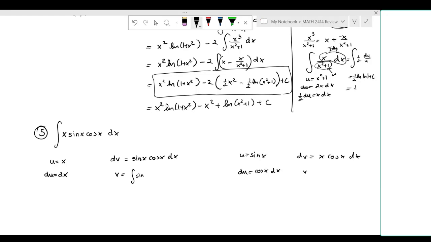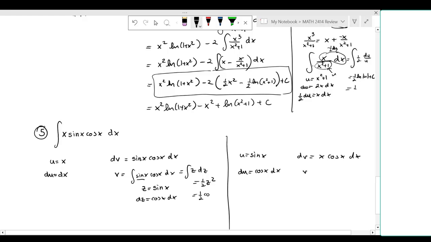You have a sine and a cosine. And we know that the derivative of sine is cosine. So that's ripe for a u substitution, except I won't call it u substitution. I'll just call it z substitution. I don't want to double use u. So this becomes z, and cosine x dx is just easy. So you get half of z squared, or, oops, sine.